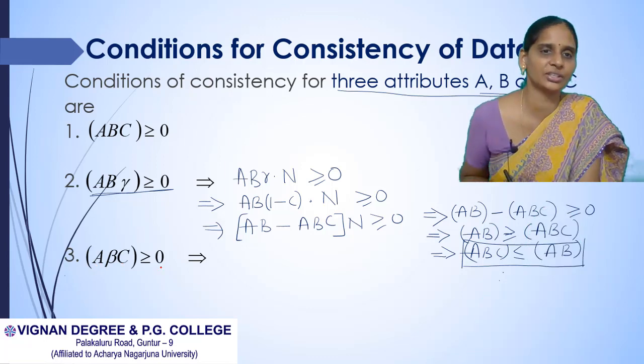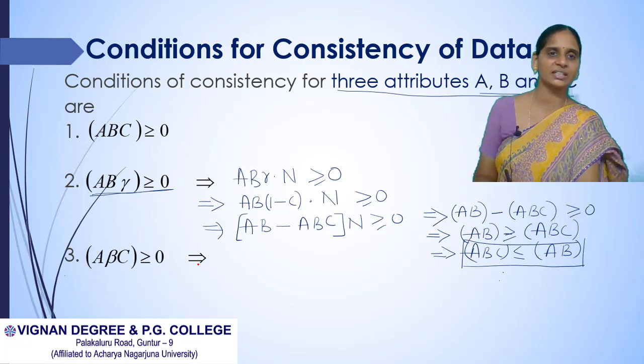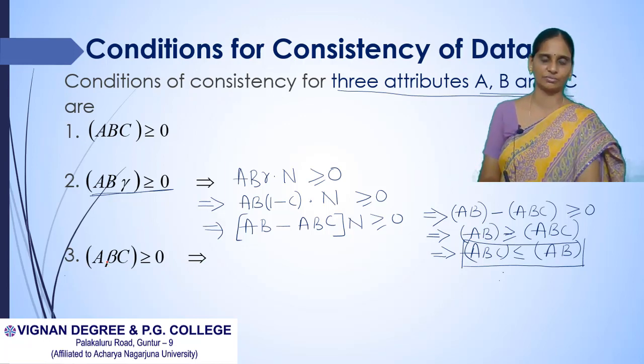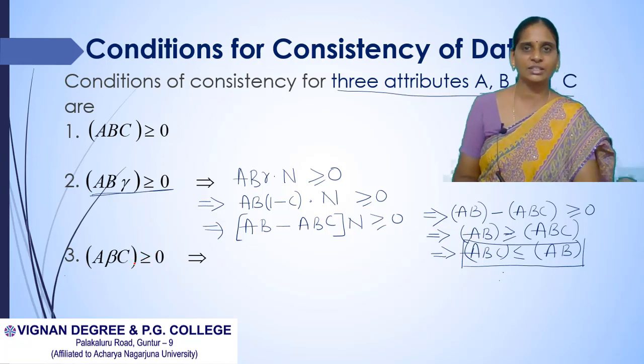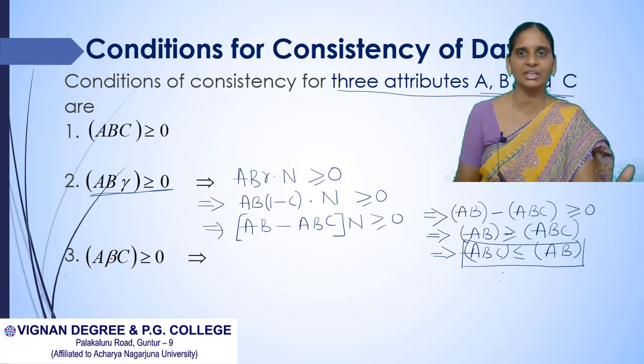And the third condition, frequency of A beta C is greater than or equal to 0. Again, frequency of A beta C can be expressed in the terms A, B, C.